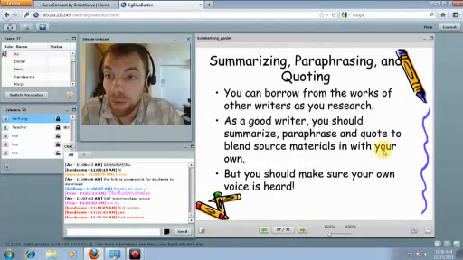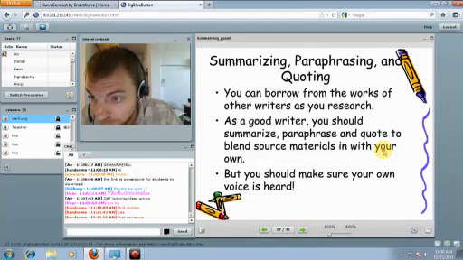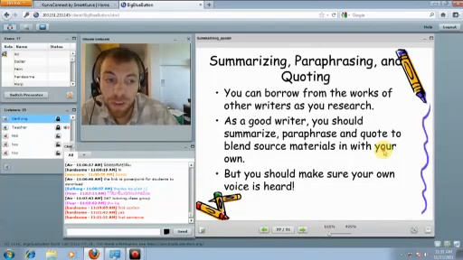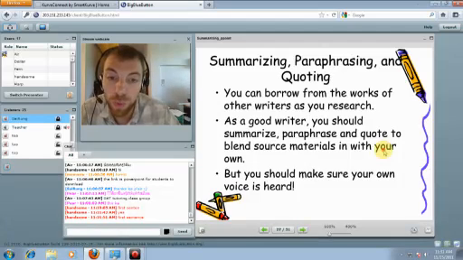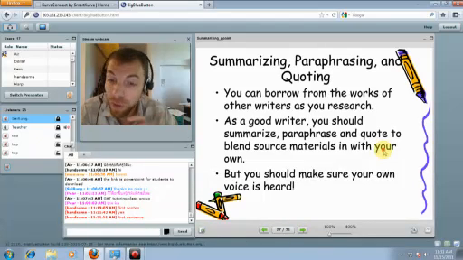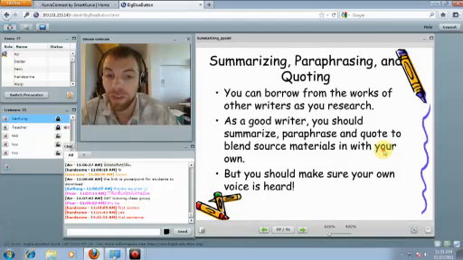So, summarizing, paraphrasing, and quoting. You can borrow from the works of other writers as you research. This is a good idea when you are researching and studying, trying to find information. You use a little bit of other people's ideas.